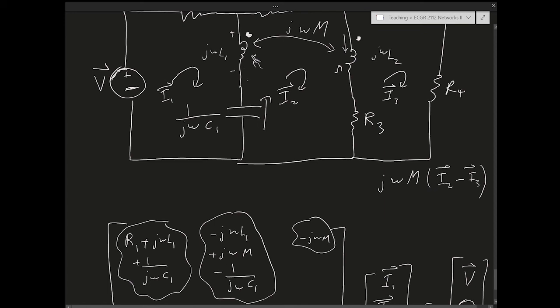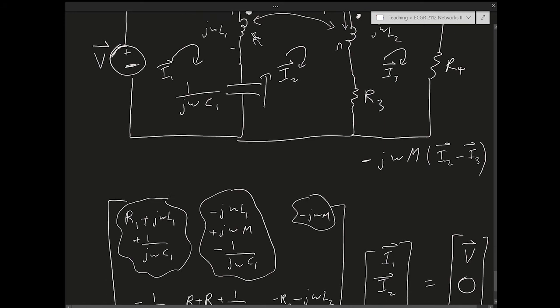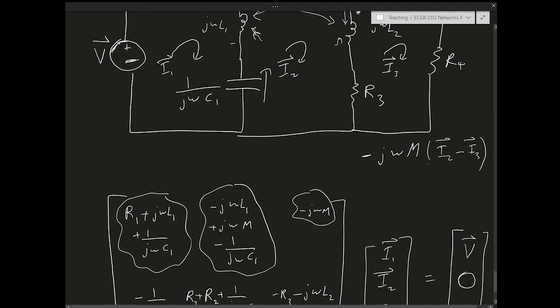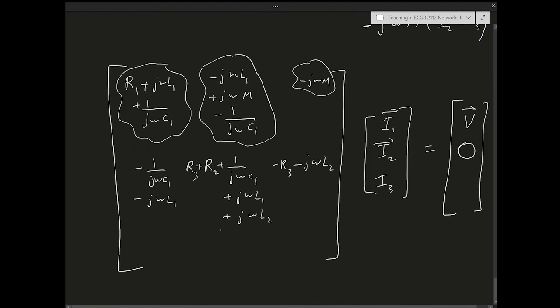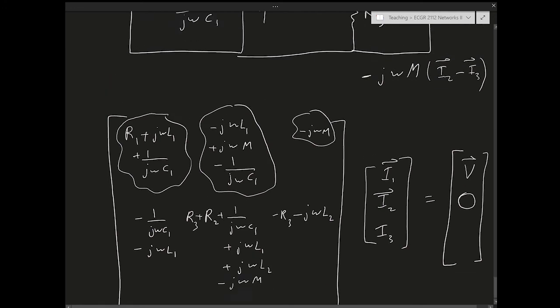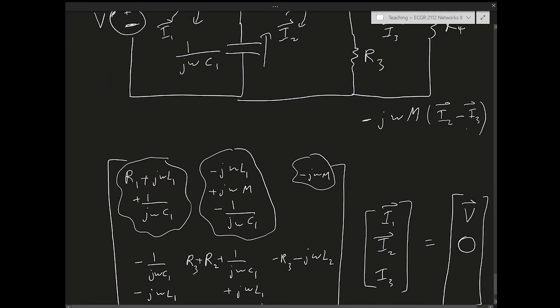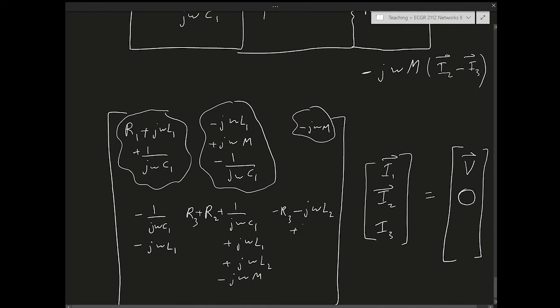But by design I2 minus I3 goes into the dot, but then the KVL voltage I'm interested in is opposite to the dot because I'm going clockwise, so this needs to be negative. Think about that. So this has to be negative, right? So there is going to be minus j omega M in I2, and there's going to be its inverse in I3, so it's going to be plus j omega M.